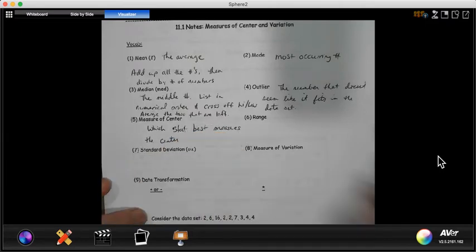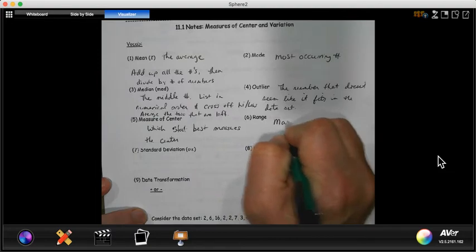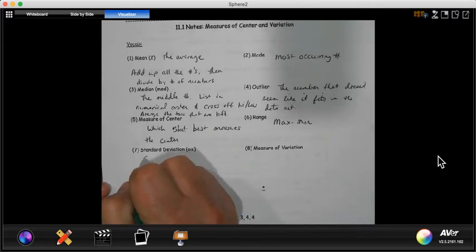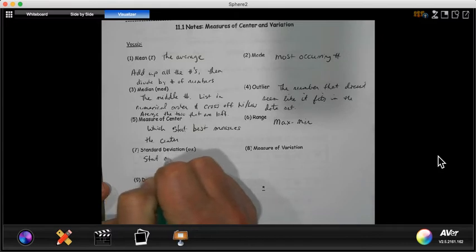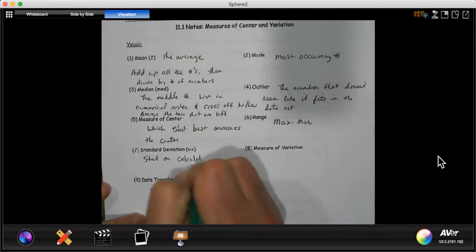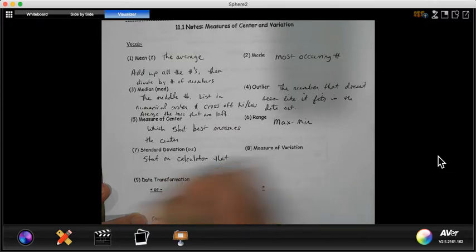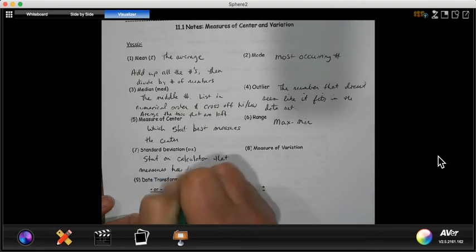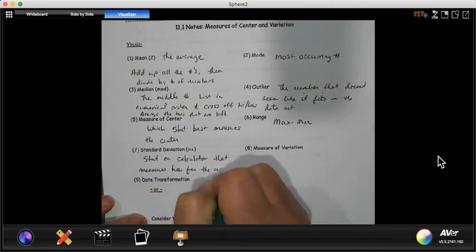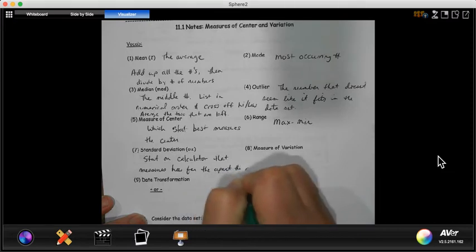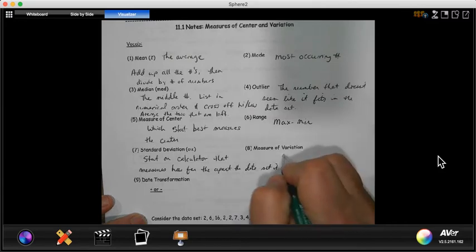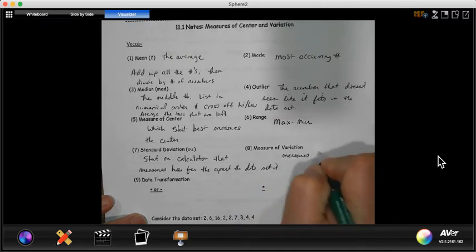The range is the max minus the min. It's the range of numbers. The standard deviation is a stat on my calculator that measures how far apart the data set is. And a measure of variation measures the spread of the data.